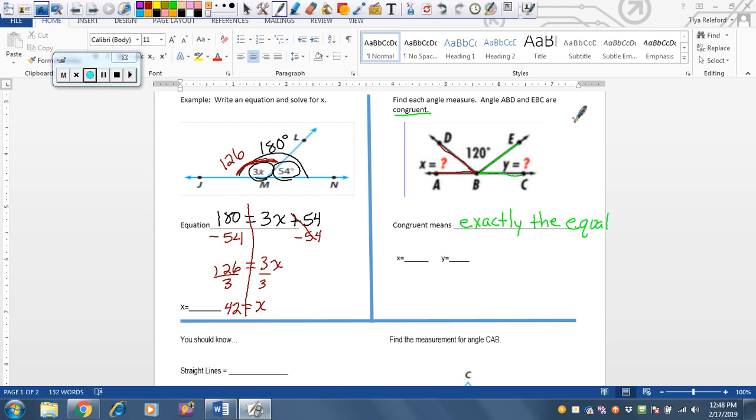So what we're saying is this whole thing adds up to 180. X plus 120 plus y is going to equal 180. We know that x and y are equal. So go ahead and subtract 120 from both sides, because that's our first step when we solve.